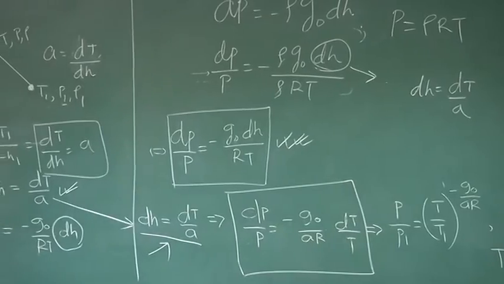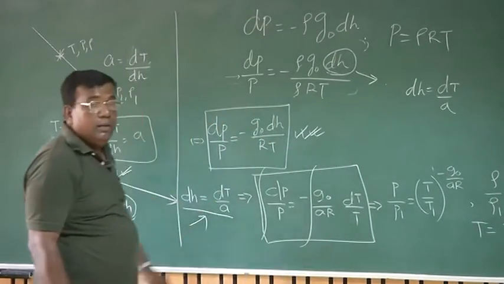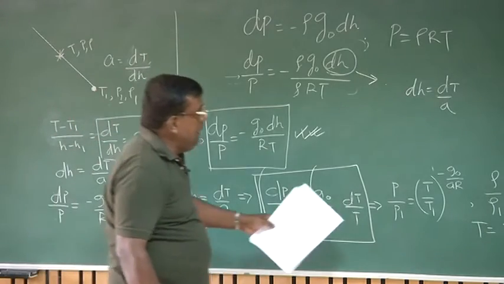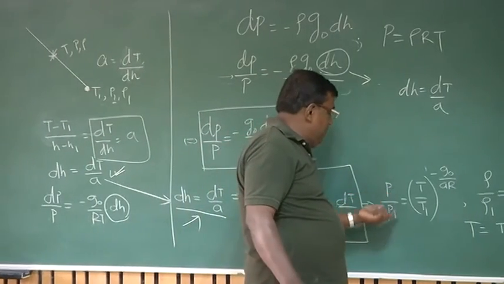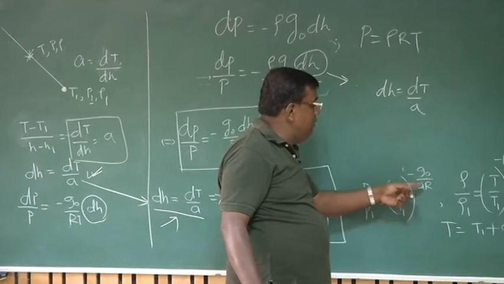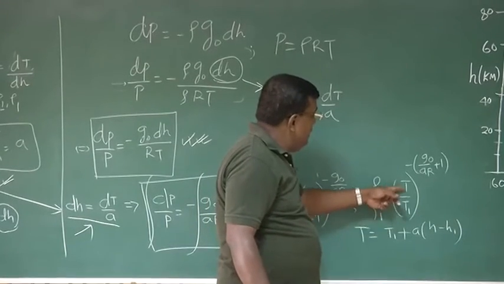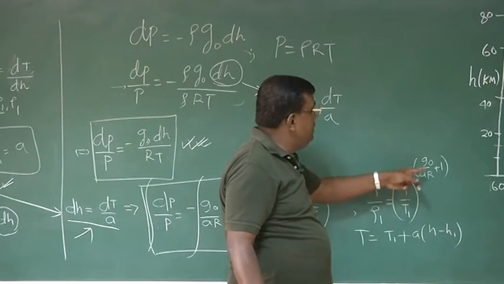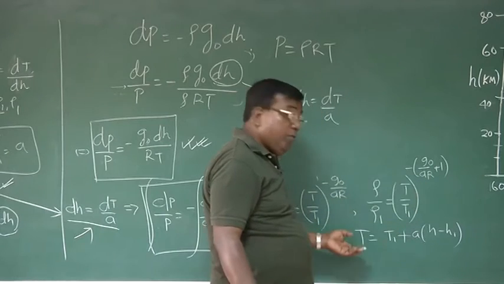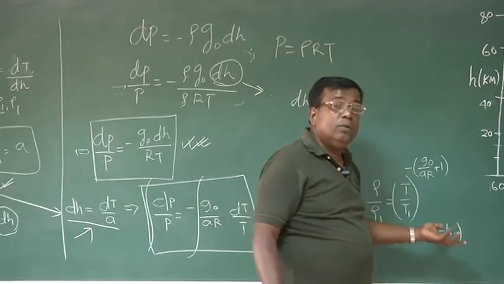I can integrate both sides, and I know G0 is constant, so I can write the expression: P by P1 is equal to T by T1 to the power minus G0 by aR, and similarly rho by rho1 is equal to T by T1 to the power minus G0 by aR plus 1, and of course we know T is T1 plus a into H minus H1 through the lapse rate.